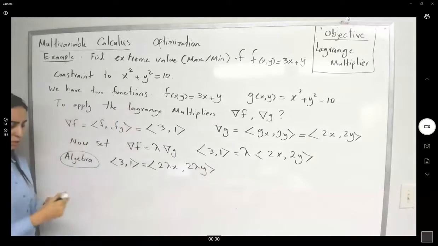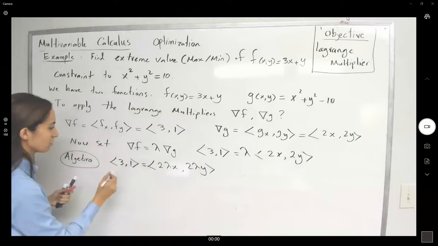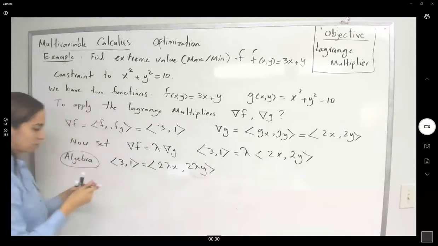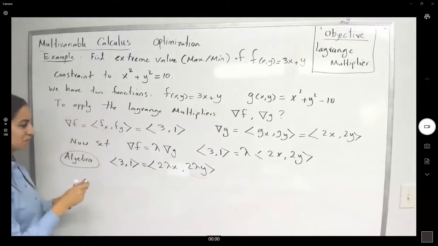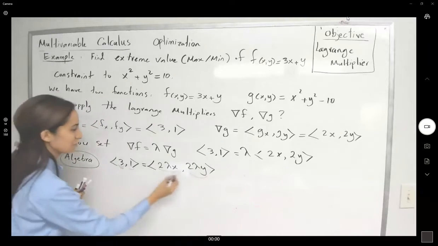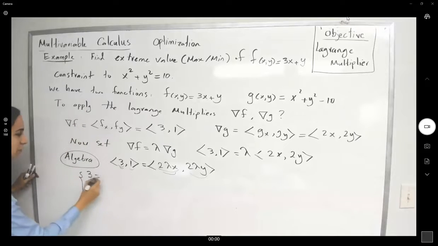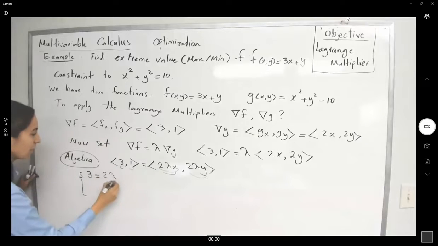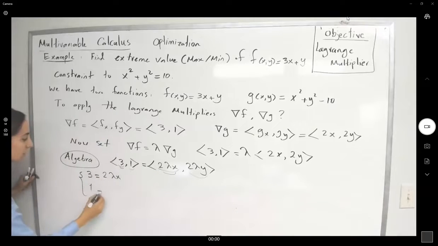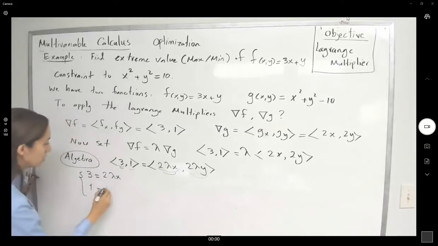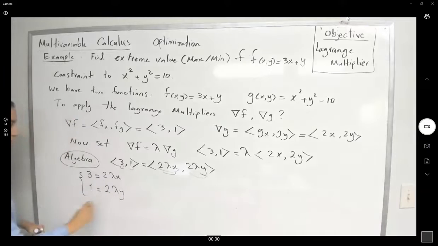The first components must be equal to each other. These are just simple vectors. The second components must be equal to each other. Well, what do we have here? It says, okay, 3 is equal to 2 lambda x, and 1 is equal to 2 lambda y.